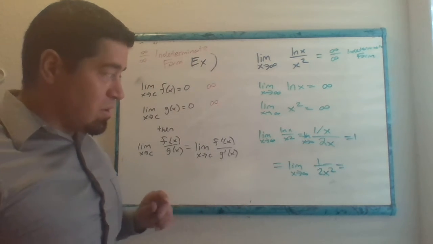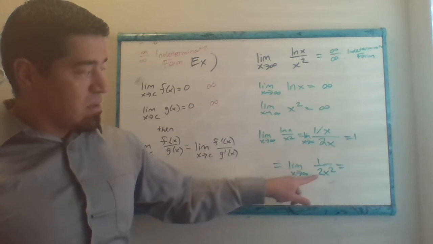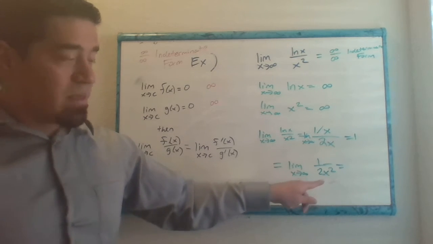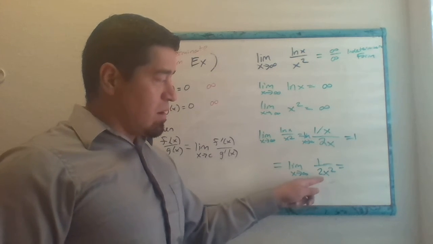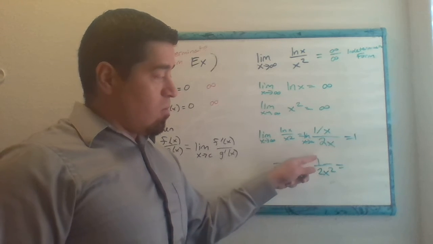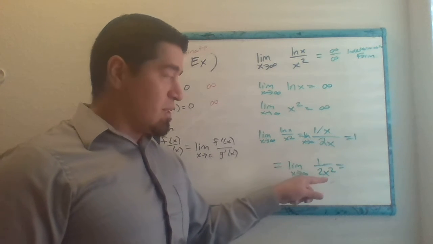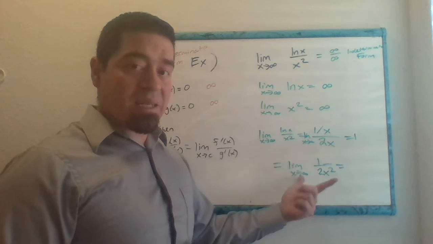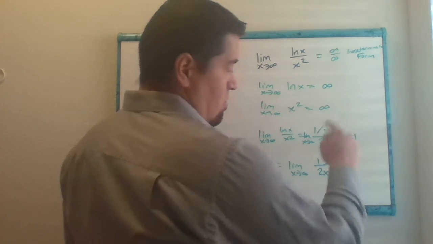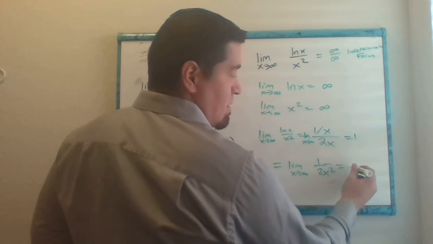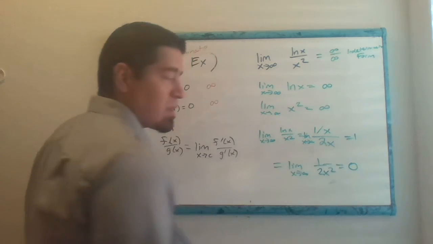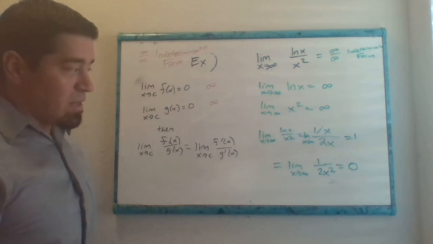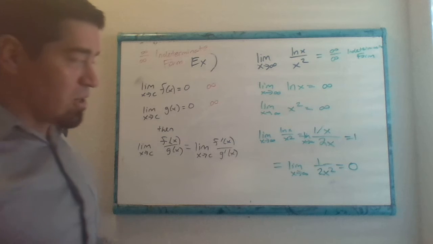This we do know, because if x goes to a very large number, the denominator goes to a very large number, and 1 divided by a very, very large number close to infinity is essentially what? Well, 1 compared to infinity is essentially 0. So that would be the limit. You could also look at it graphically.